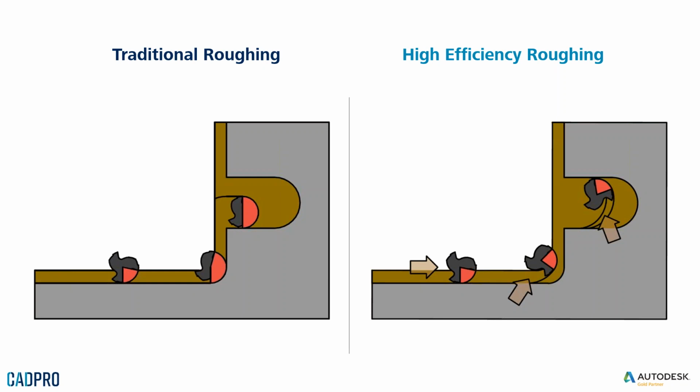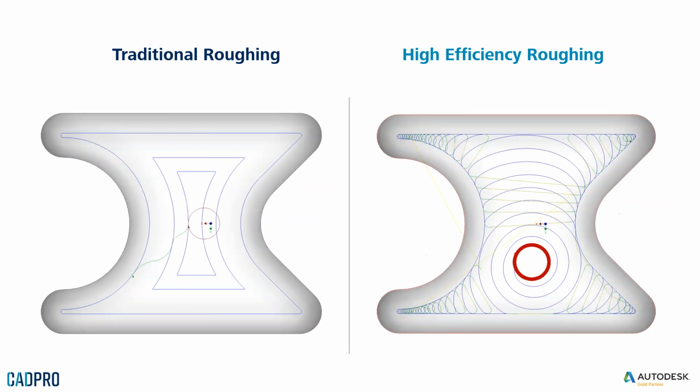What traditionally happens then is you cut with a shallower depth of cut and a wider width of cut to overcome that, but you end up only using a small amount of the flute on your tool. Whereas the high efficiency roughing, adaptive clearing on the right, maintains that constant cutting angle and then works its way into the corner. So you can see the comparison of the two different toolpaths here.